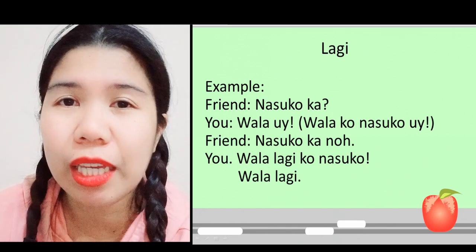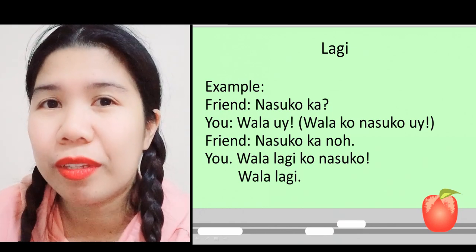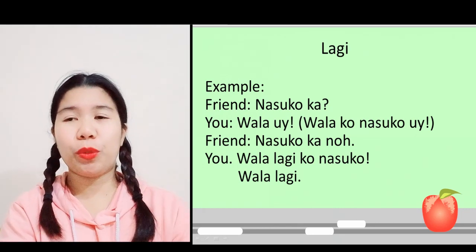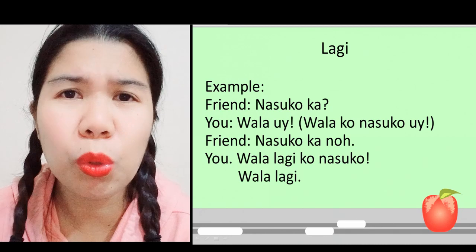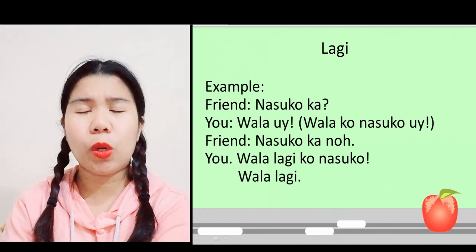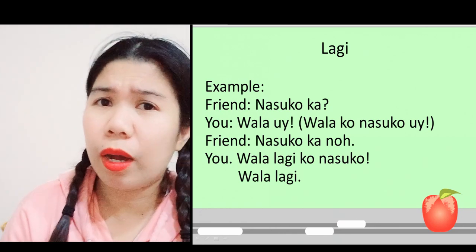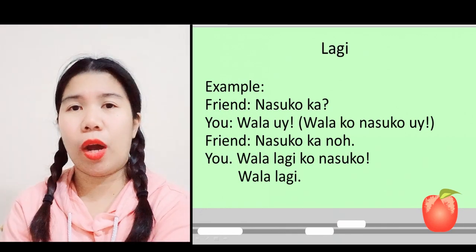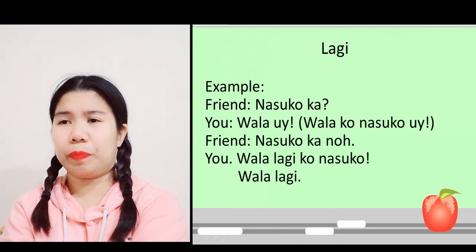So if the setting is informal, you could add uy. "Wala uy." Or another option would be "Wala ko nasuko uy," meaning I'm not angry.